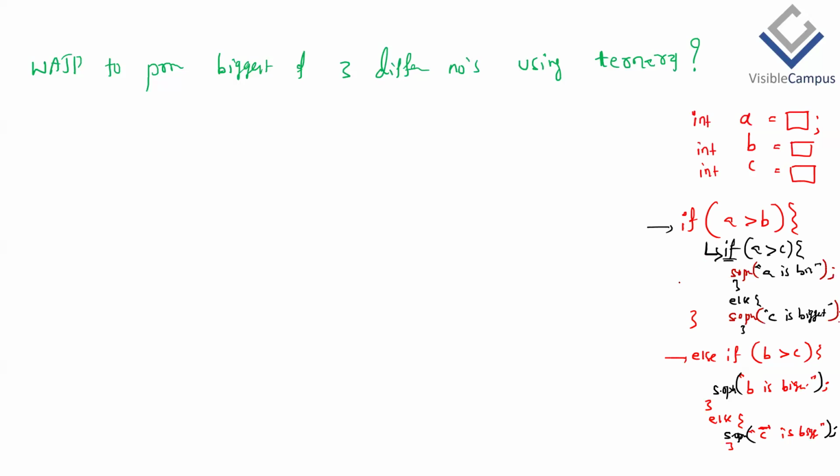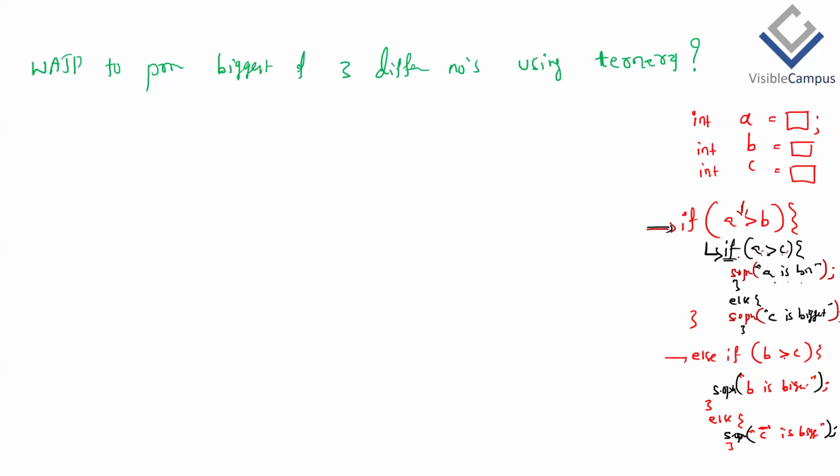Any doubt? If A is greater than B is true, then B is out of the game. Then only A and C is the next comparison. If this is also true, then A is bigger. If this is false, C is bigger. Then if A greater than B is false, it means B is bigger, so A is out of the game.